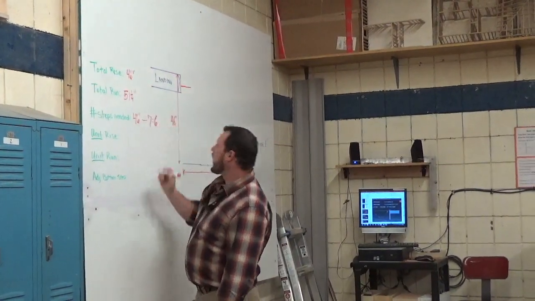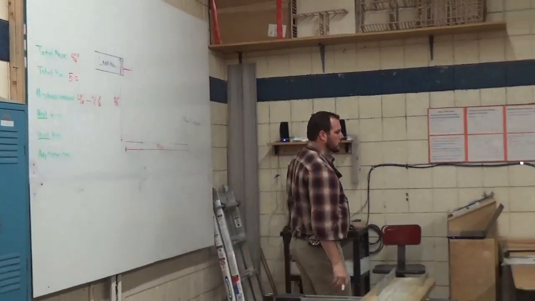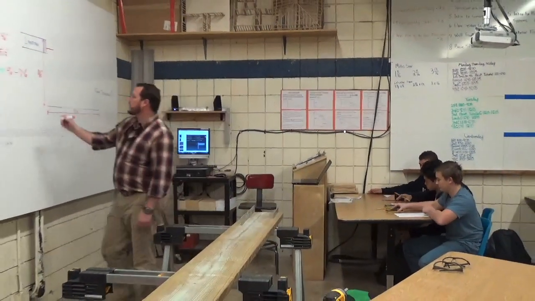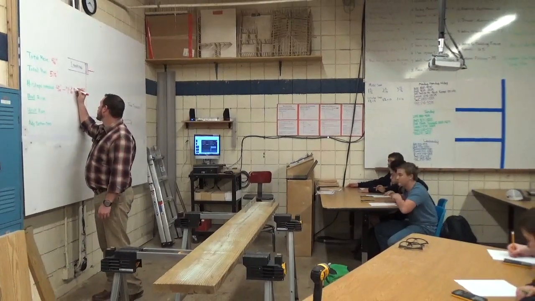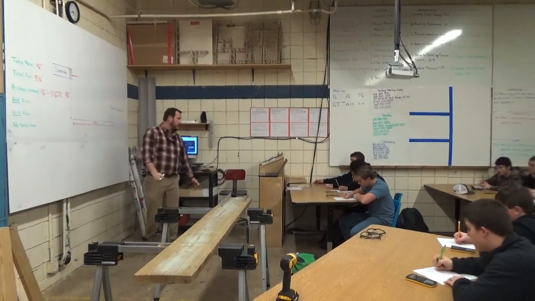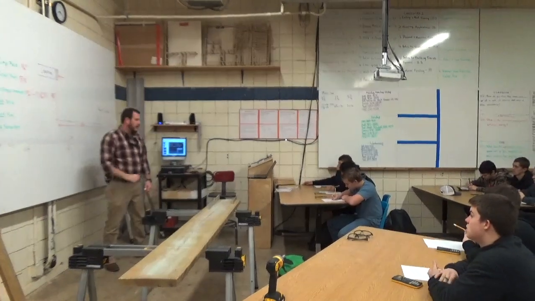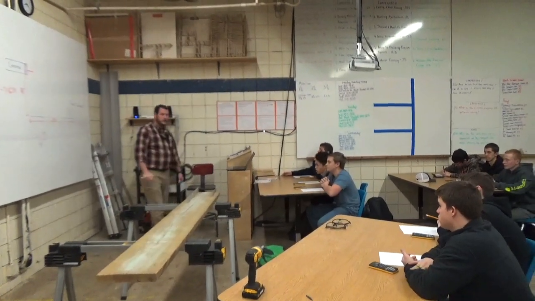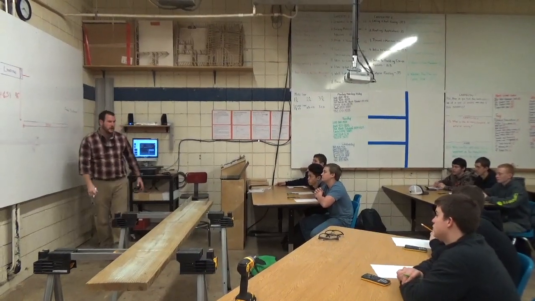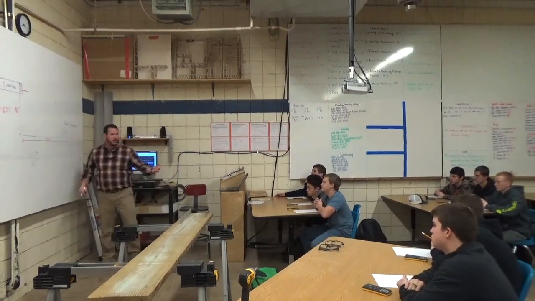For those of you that don't have a construction calculator, what do you get? 6.57. Now, if you've got a construction calculator, it does this for you, and all it does is what I'm telling you. 6.57. Where's 0.57 on a tape measure? Anybody know? Here's how we figure that out. How many parts is an inch broken down into? 16 parts, right?